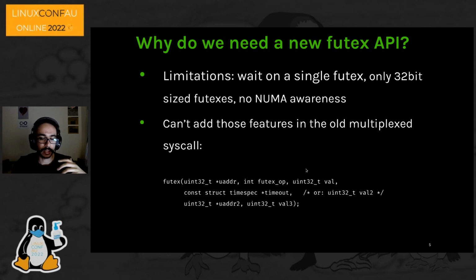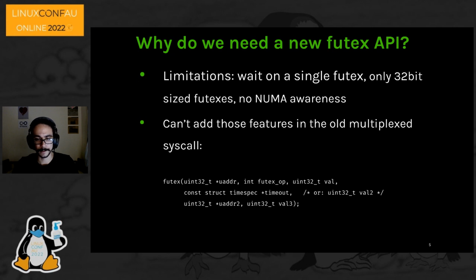So this was made to support a lot of different operations. You can check the man page for all the crazy things that can be done there. And every time people wanted to add new operations, the maintainers didn't really want to get this in the kernel, because it's hard to maintain.